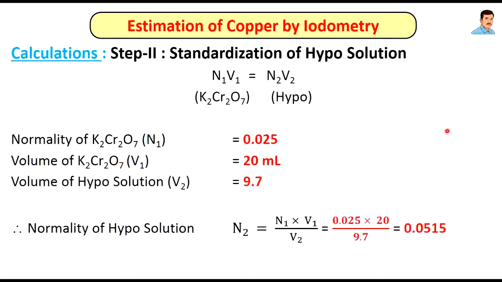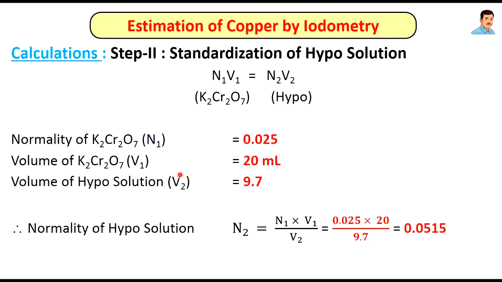Now the normality of hypo is calculated. In this step, we use the formula N1V1 is equal to N2V2. N1V1 belongs to potassium dichromate, N2V2 belongs to hypo. N2 is equal to N1V1 by V2, where N1 denotes the normality of potassium dichromate. From step 1, 0.025 is taken.